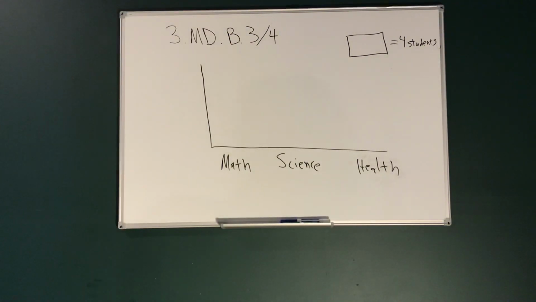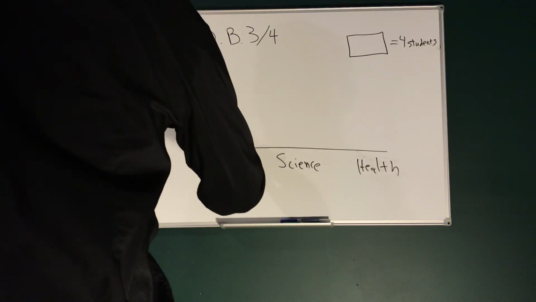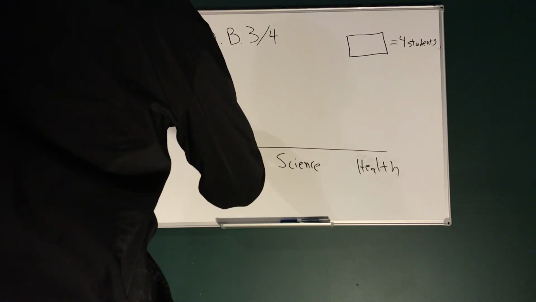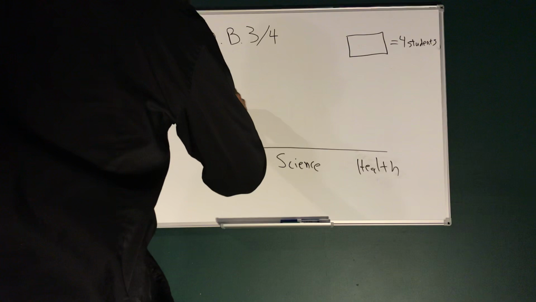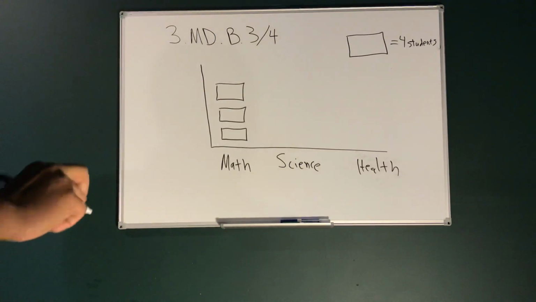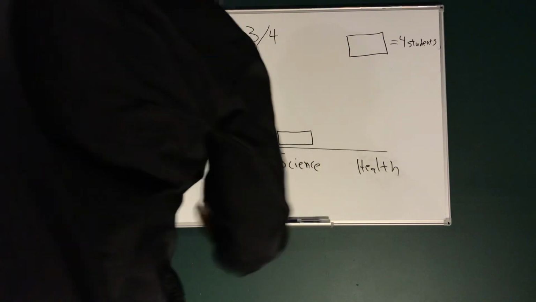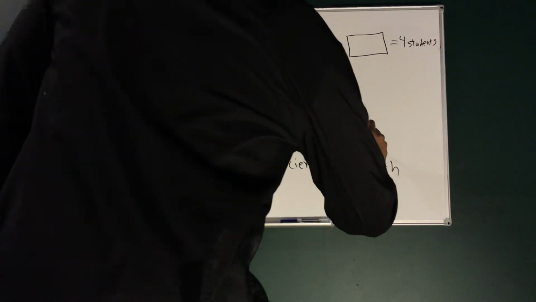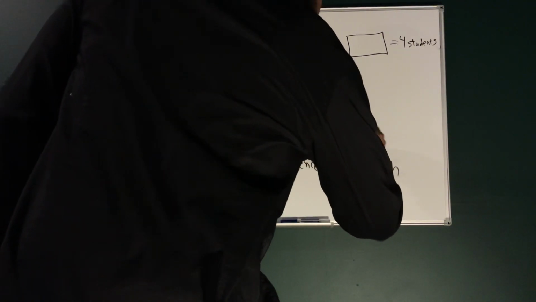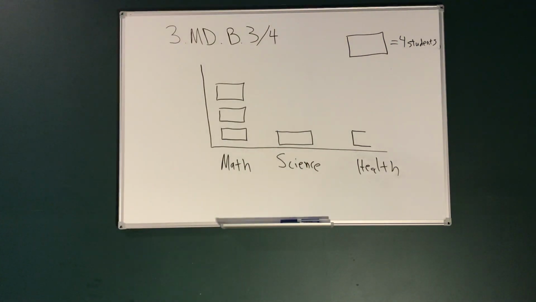Now we look at the first subject, we have a full rectangle, another full rectangle, and another full rectangle. For science, we have just a full rectangle, and for health, we have half of a rectangle. I want you all to try to figure out how many students picked each subject.